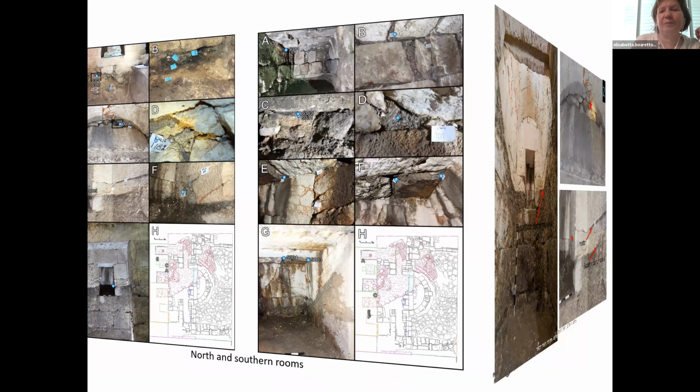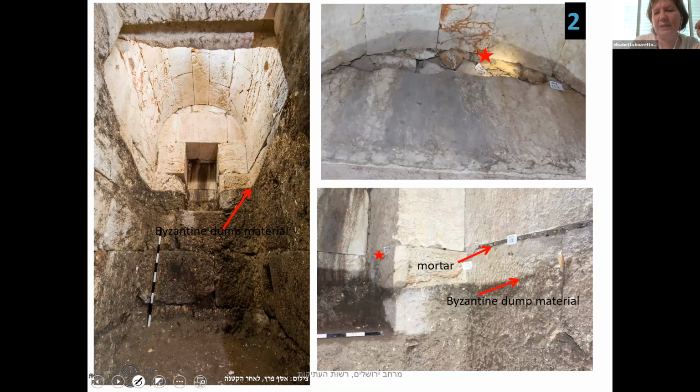Here are more details about the condition of the context. If this was the Byzantine, all this was covered with the Byzantine dump, then mortar down here would have been easily contaminated by that. So that's why the top part of the room has been preferred in order to date the structure.